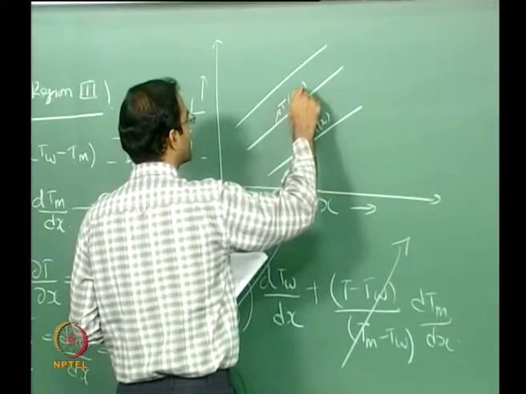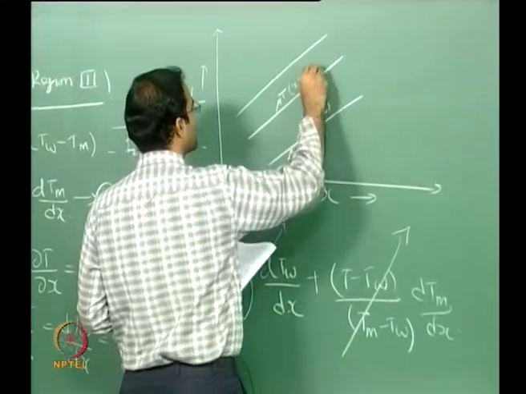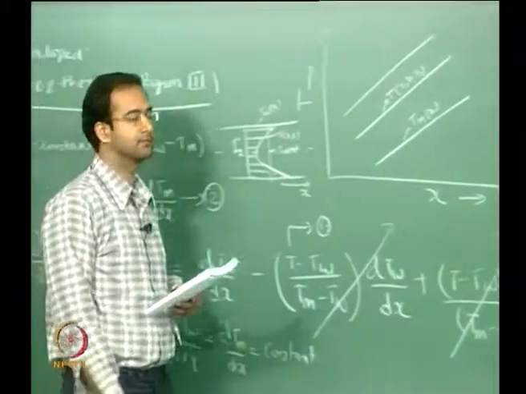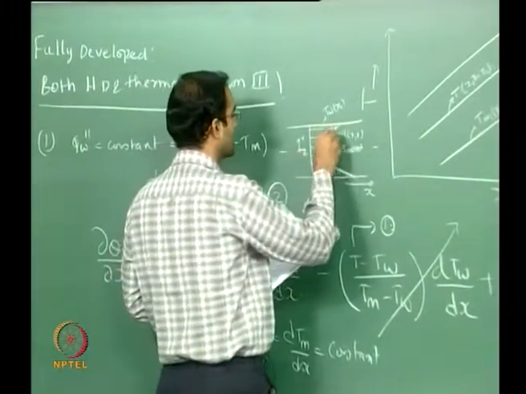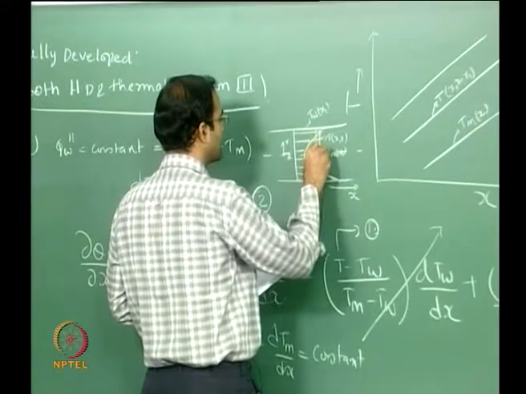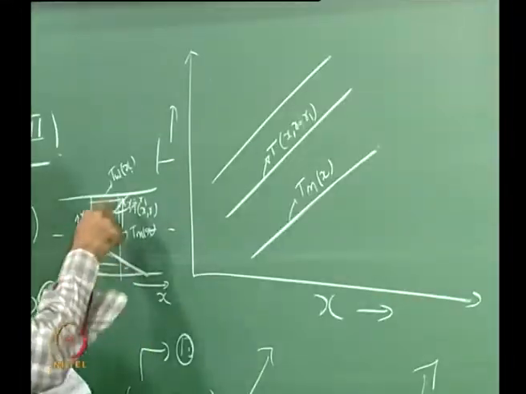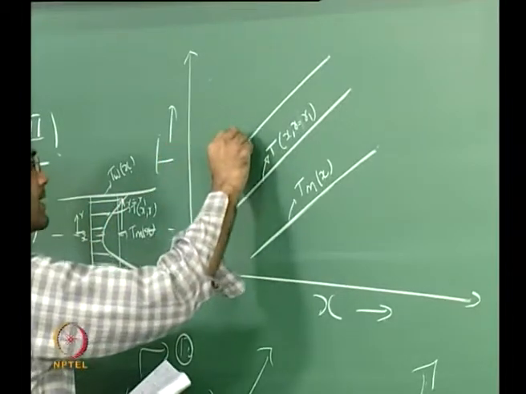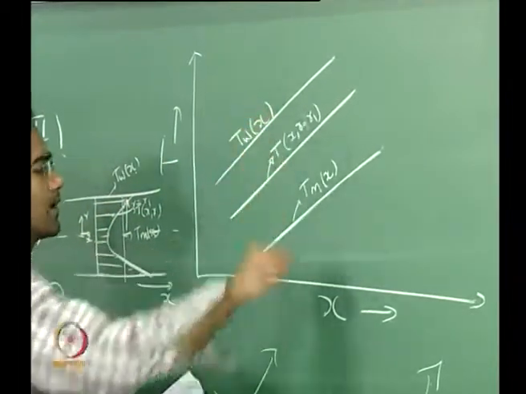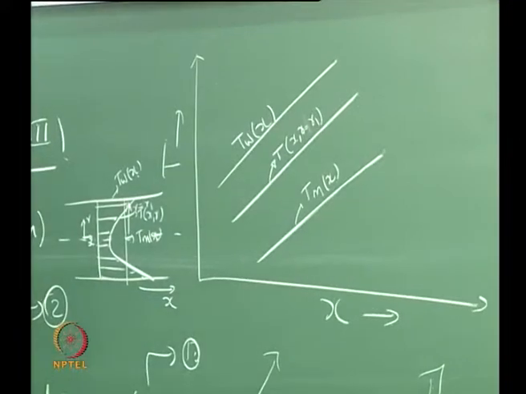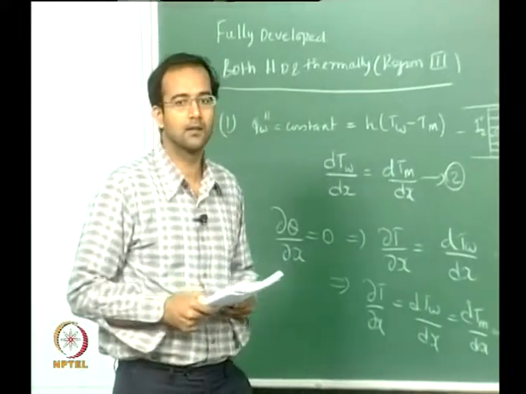So this is at some particular radial location, we can say r equal to r1, for example. At the wall of course the temperature will be the highest amongst all the three, and that will also vary linearly like this.